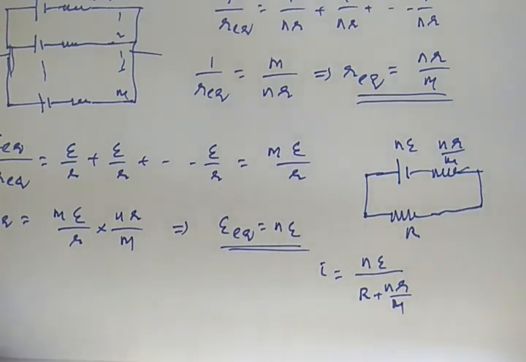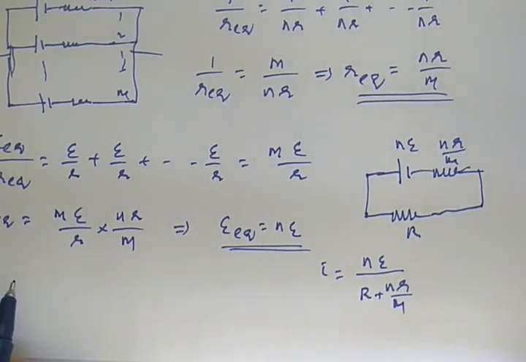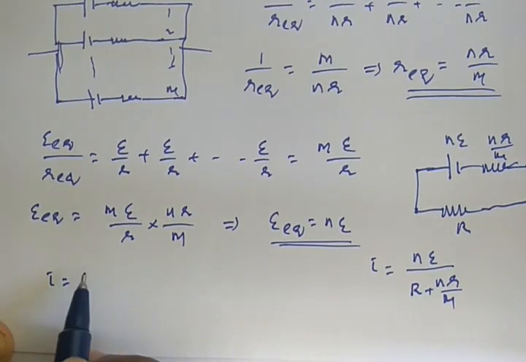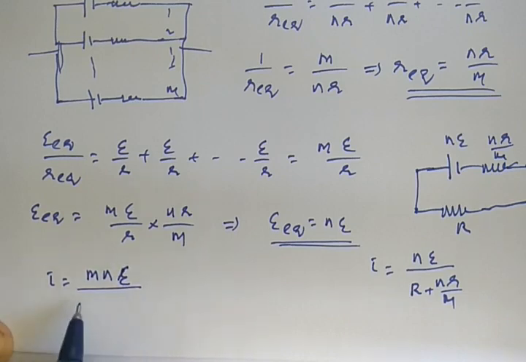Now you can write this as I equals mNE by mR plus NR. This is the current.